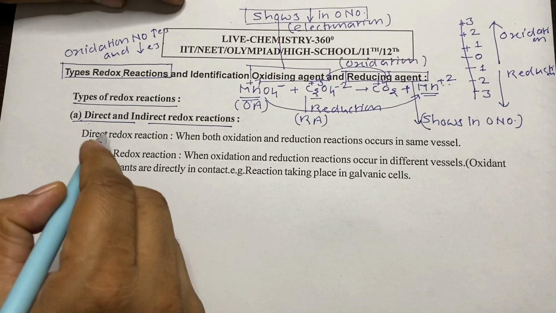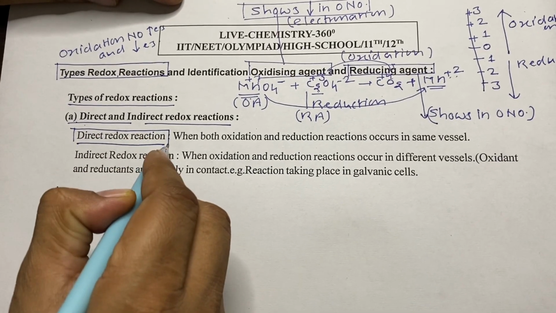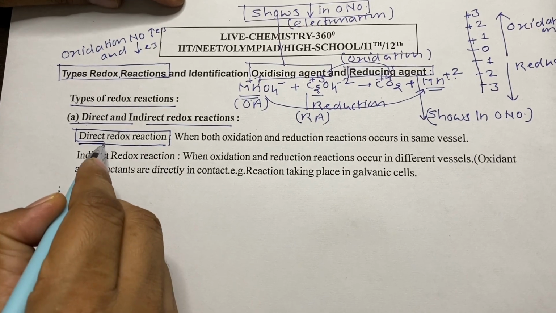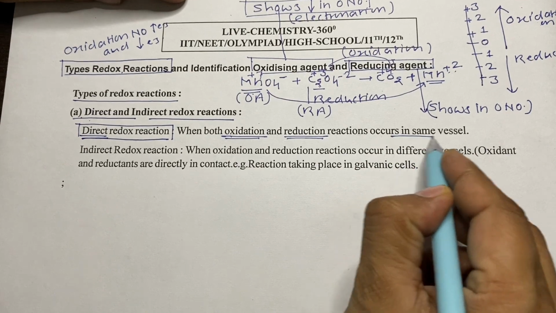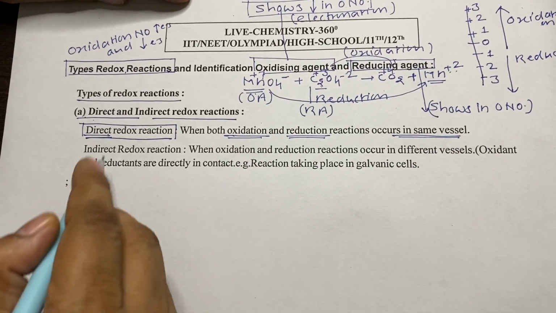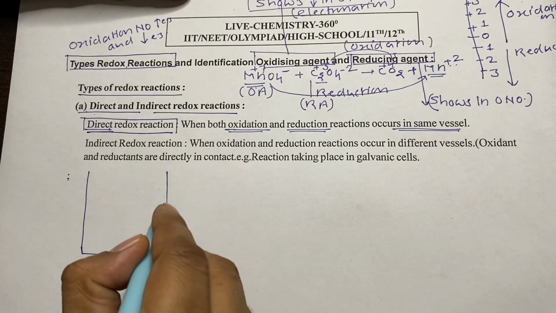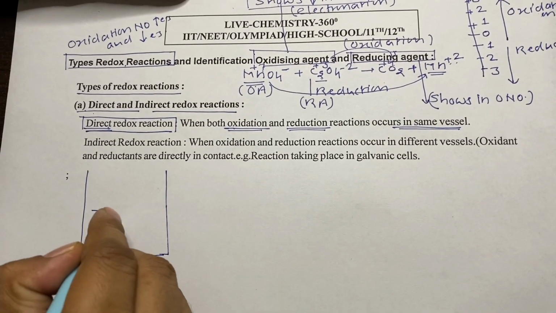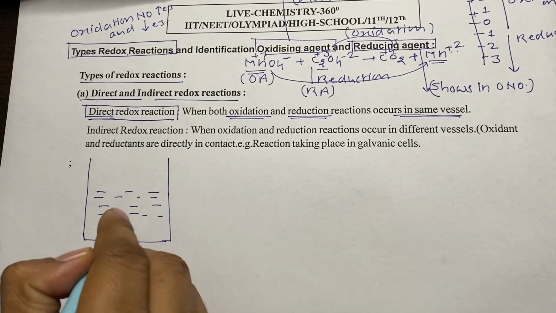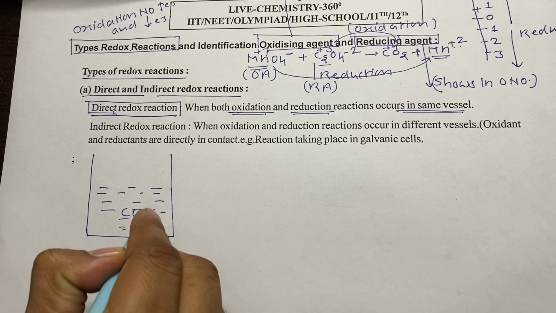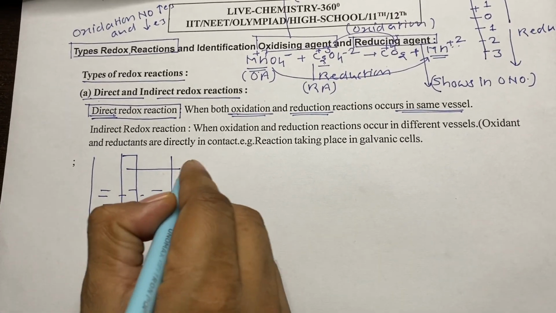Now, how can we define the direct and indirect redox reaction? In the direct redox reaction, as the name suggests, oxidation and reduction occur in the same vessel, which means that the oxidant and reductant will be in direct contact. For example, this is copper sulfate solution, and a zinc rod is dipped into this.